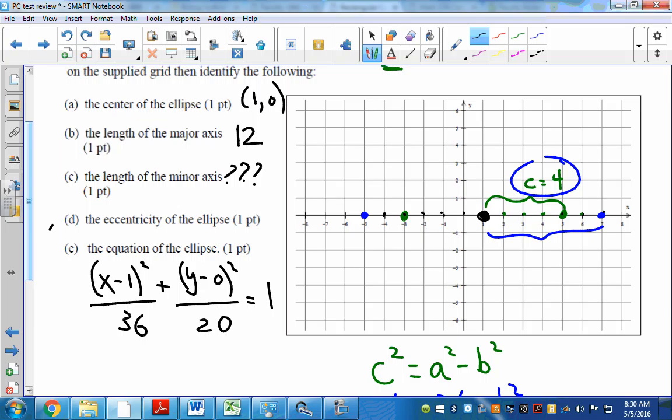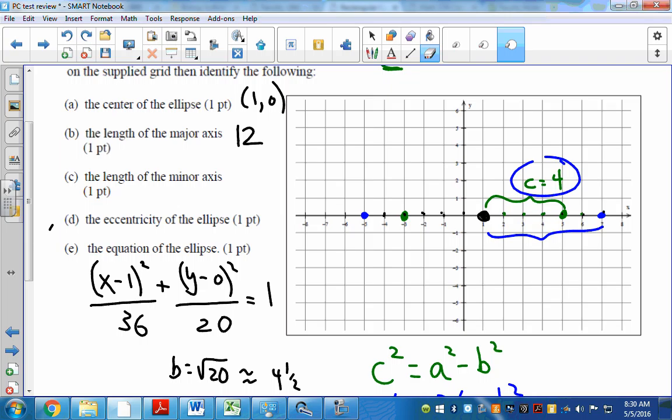Okay, so the length of the minor axis. Well, 20, what's 20? That's B squared, so B is going to have to be the square root of 20, which we'll approximate as, say, 4.5. That's the approximate length of the semi-minor axis.